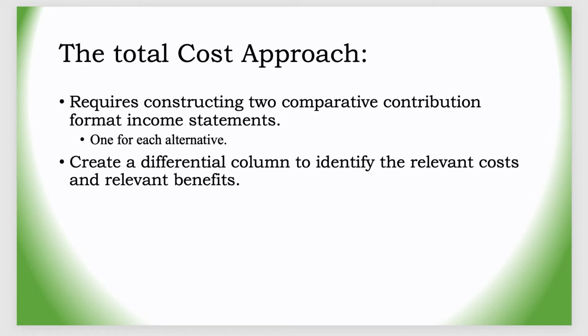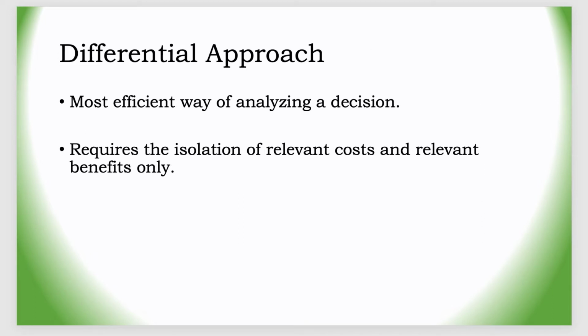The second column is going to show the results of the alternative situation. And then we're going to create a third column that's going to have our differences. And that differences column, we're going to use to identify the relevant costs and the relevant benefits by just looking at the contribution format income statement.